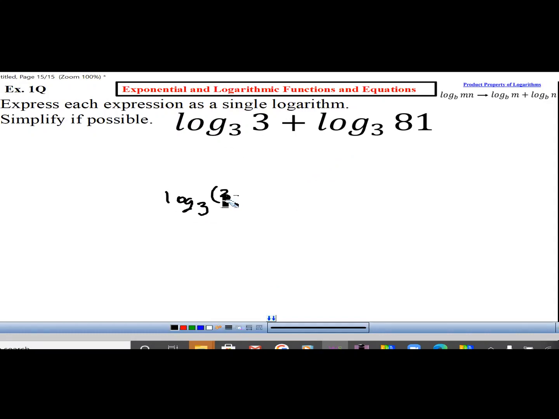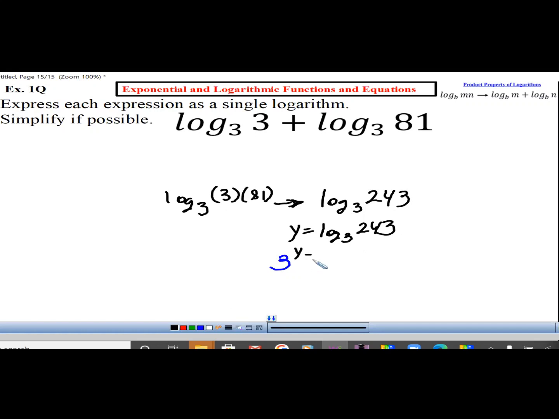And what do we do to the given numbers? 3 times 81. Let's simplify that. This is log base 3 of 243. All right, so then we write y equals log base 3 of 243. Our base is 3, so 3 to the exponent y equals 243.